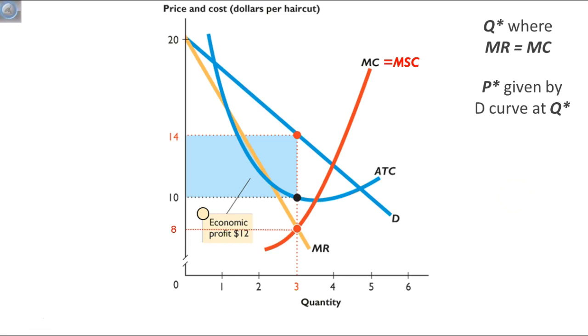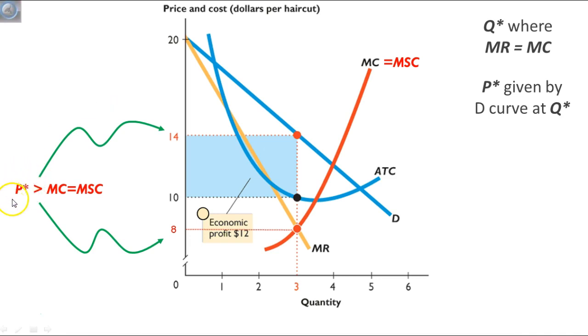This in and of itself is not the key to discerning market failure. Rather, the key is this: the price of the last unit produced and consumed is greater than the marginal cost of producing that last unit, as we can see there. Price is $14, but the cost of producing the last unit, the third unit, is only $8.